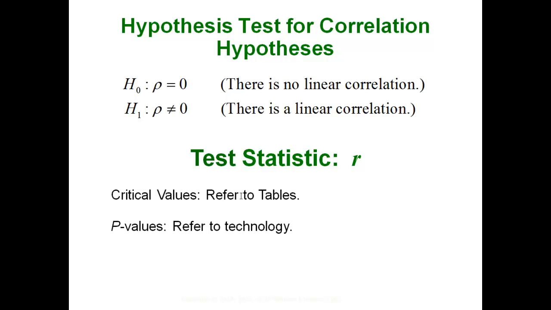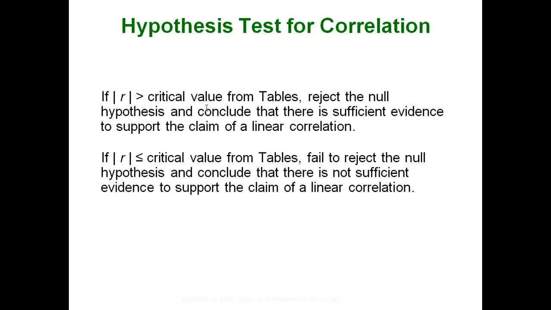Remember, just like when we run other hypothesis tests, where the null would be that mu equals 20, that the average of the population equals 20, and our sample mean comes back as 22, you go, well, shouldn't I reject right off the bat? But remember, just because it's different doesn't mean we reject. It has to be significantly different. So same thing here, right? It has to be significantly different. So we can get critical values from tables. We can get p-values from technology. Either way, it's still the same idea.